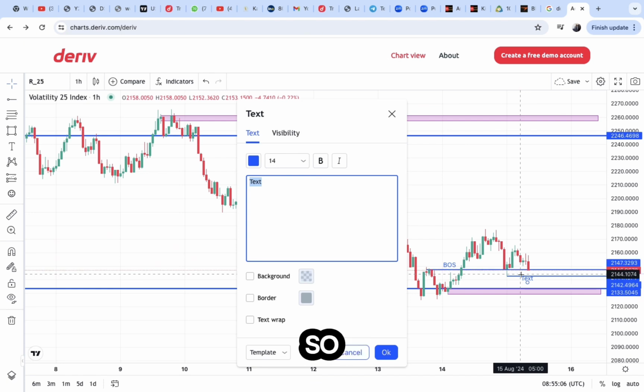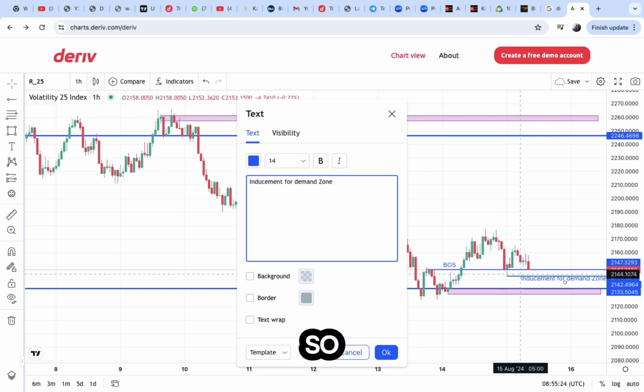All right. So that level, we are going to mark as, for example, the inducement for the demand zone.